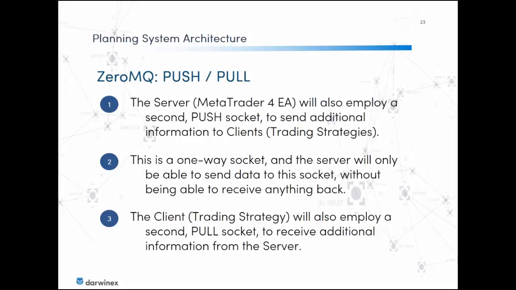We've chosen the push-pull socket for this particular function because if the server has to send something to the client, the trading strategy, where it's not so important or, quote-unquote, life-threatening in a way, then the server can afford to send that information and not expect anything in return. The client, the trading strategy, will also employ a second pull socket so that the push-pull exchange is completed. It will need to implement the pull socket to receive additional information from the server.